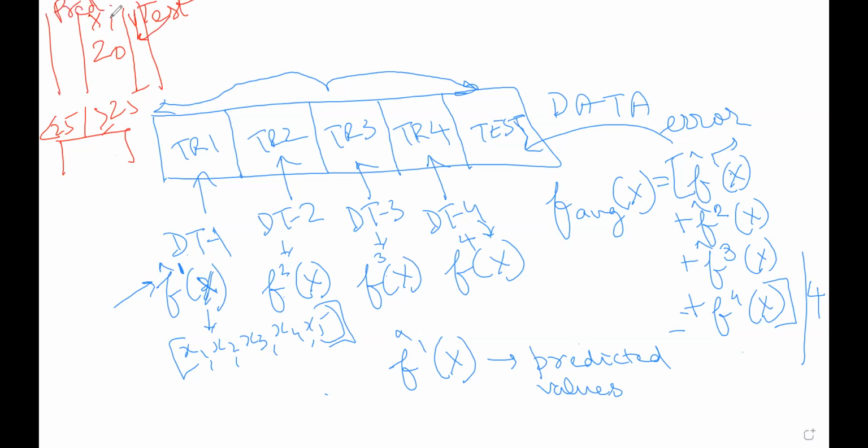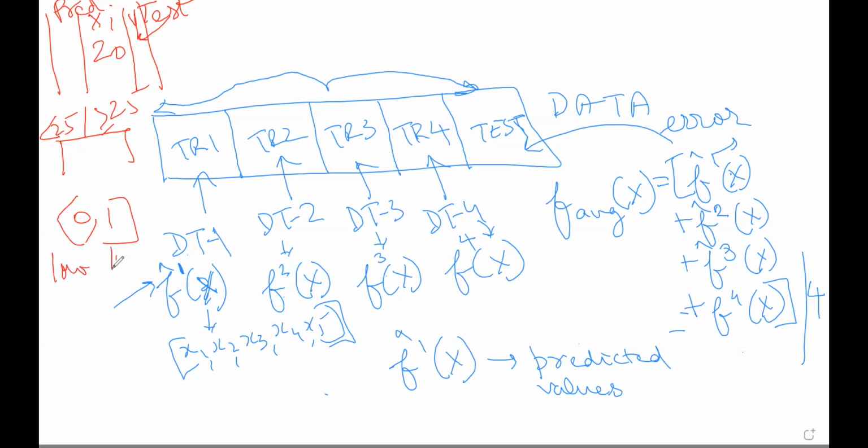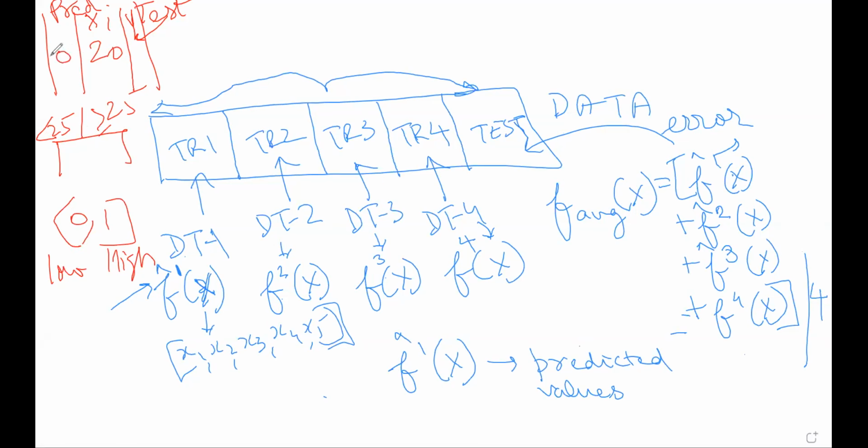If it is 20 and the classes are 0 and 1, with 0 being low and 1 being high, less than 25 is one category and greater than 25 is the second category. So using only a single stump of the decision tree, you would have broken the whole data into 0 and 1. The moment it is 20, you predict 0.